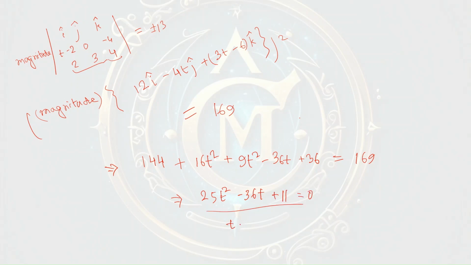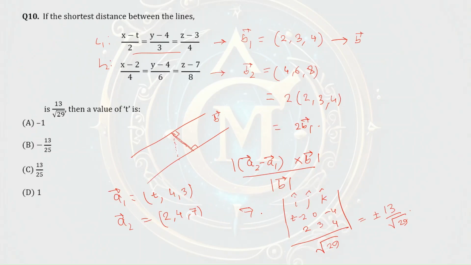We can say that t equal to 1 is a root of this equation, because then 25 plus 11 will be 36 and 36 minus 36 is equal to 0. So t can be taken as 1. So in this case, the correct option will be option D. I hope you understood this question.